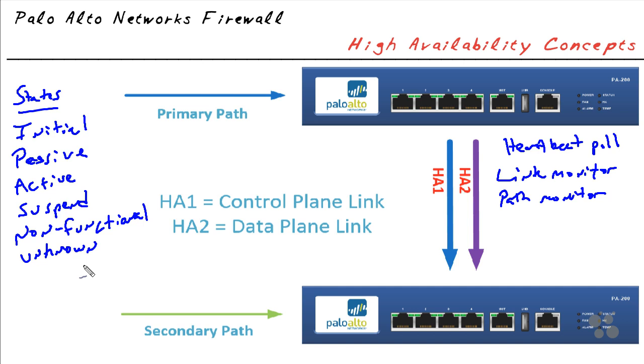Now, when we start looking at the pieces for what's going on in here, we can leave it on this page. My HA1 is a layer 3 interface by default. So we'll call this layer 3 right here.